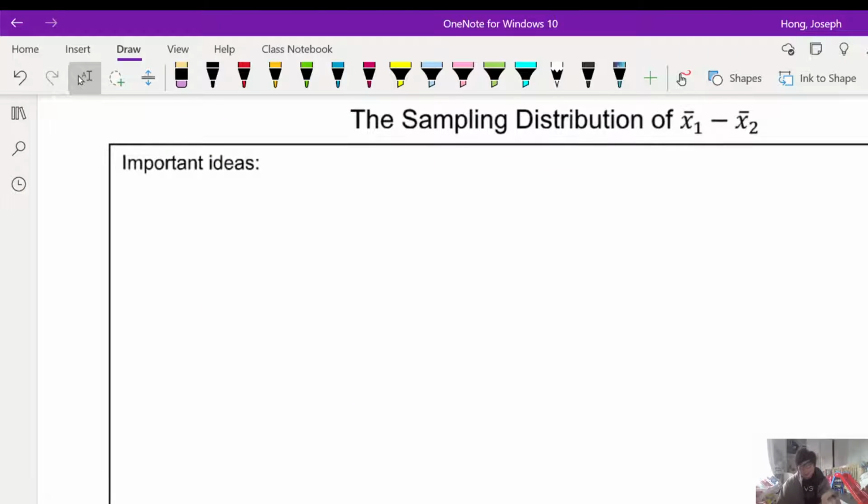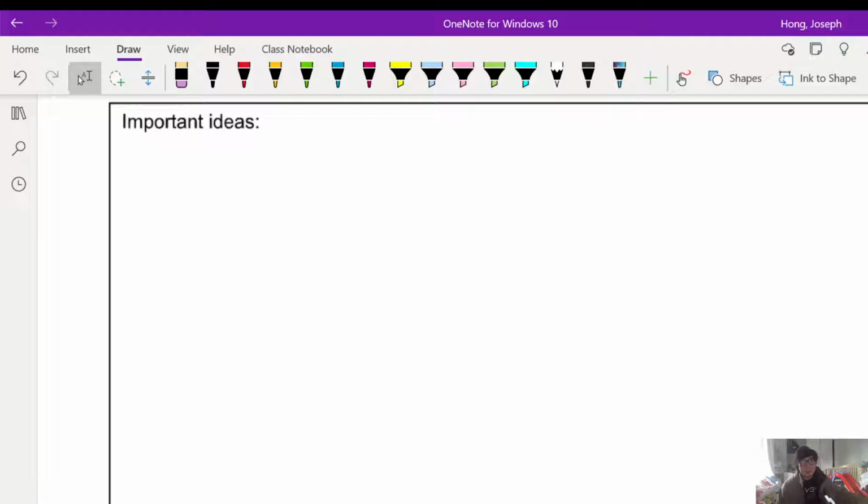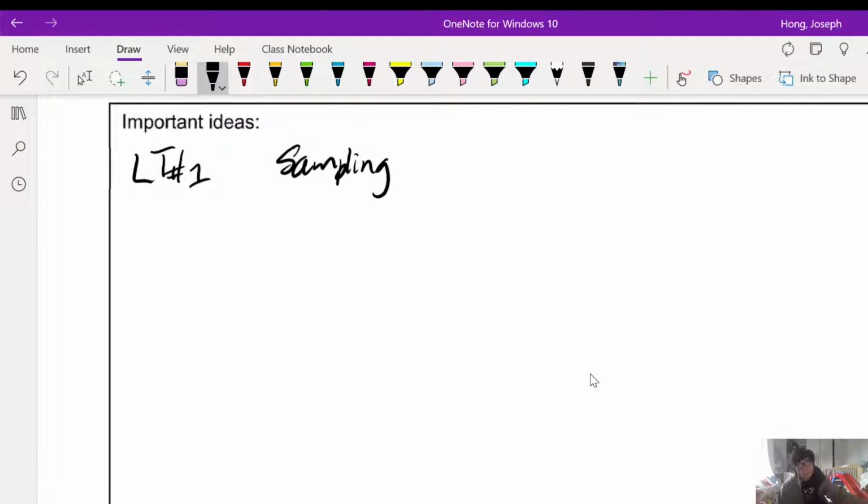So, let's conclude the chapter with our learning targets. We have two. Learning target number one, the sampling distribution of a sample minus another sample distribution.